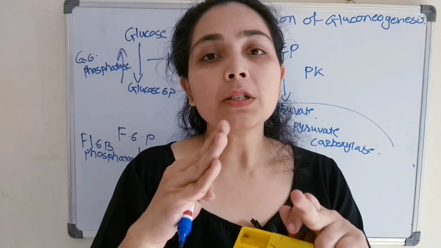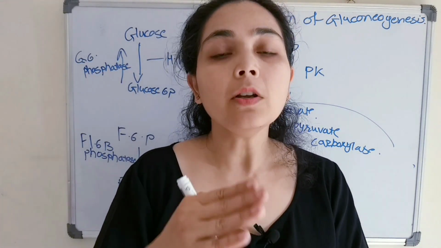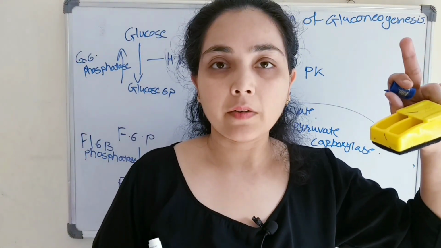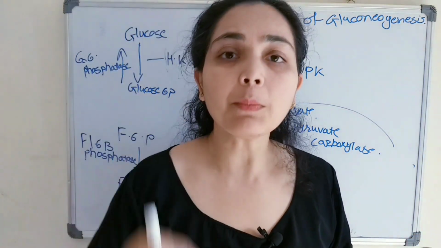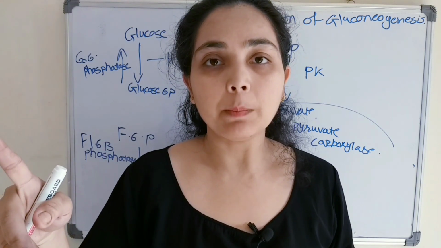So there must be some signal which will help to decide when glycolysis is required and when gluconeogenesis is required. Glycolysis is a breakdown, that is a catabolic step. It will help in the generation of ATP.